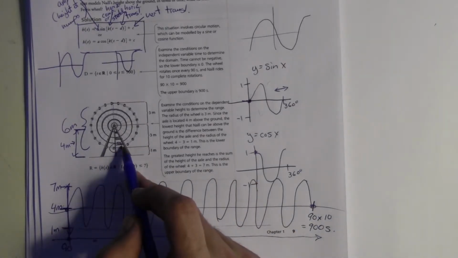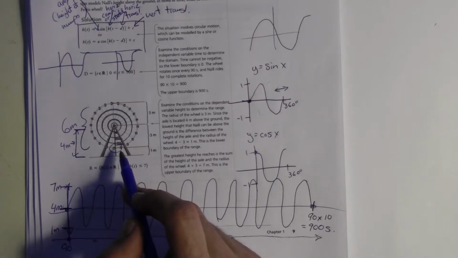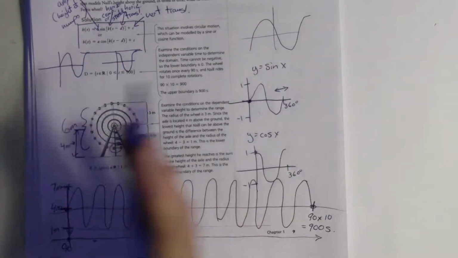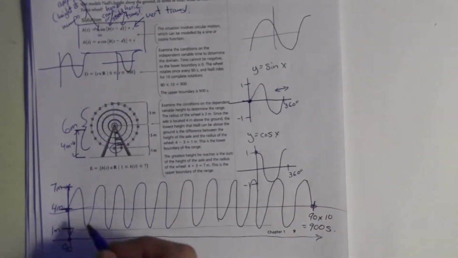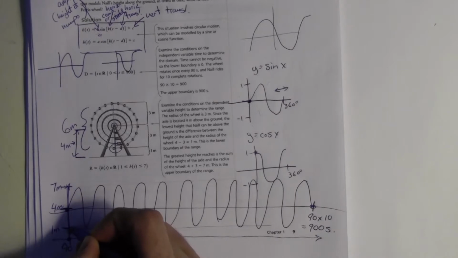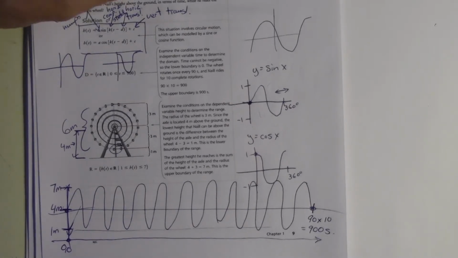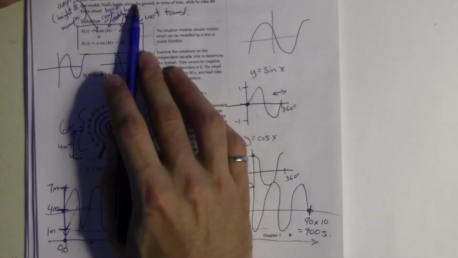Doesn't he get in at 1 meter though? Does it tell us he gets in at 1, or does it not even matter? It doesn't matter, right? He's still going to ride it for 90 seconds. You're right, this whole thing could be shifted over where it actually starts down here. Let's just say he had a helicopter and he entered at the exact center. I don't think it matters for the question, but good thing to point out.